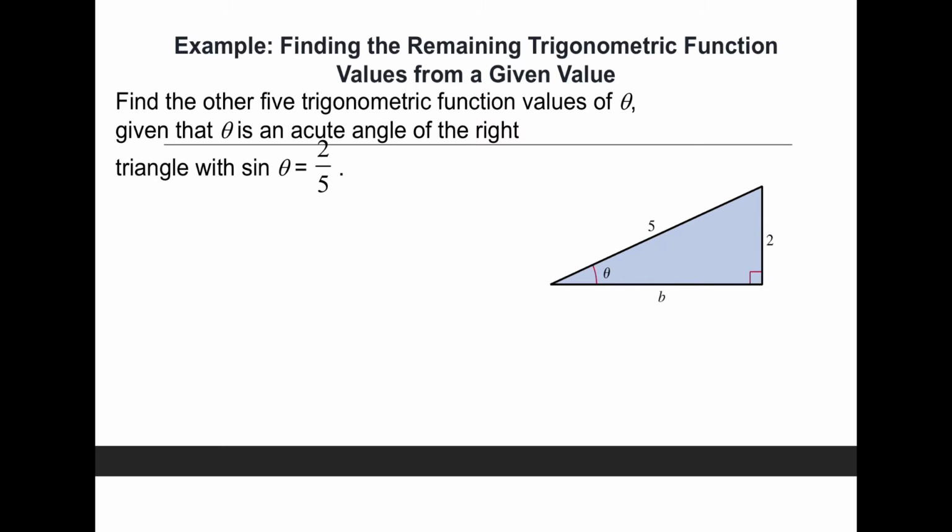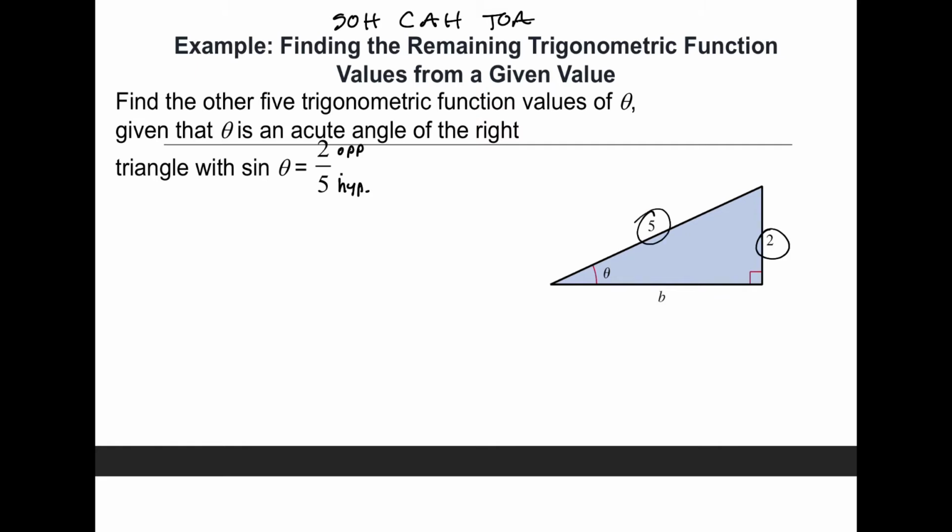But for this particular triangle, remember sine is opposite over hypotenuse. SOH CAH TOA. So this is opposite over hypotenuse. I know that it belongs here and that my hypotenuse has a value 5.